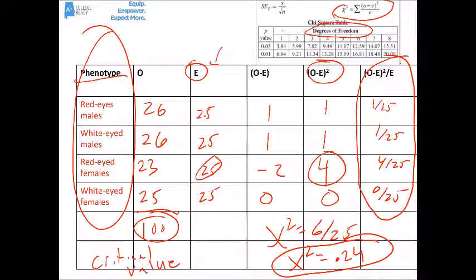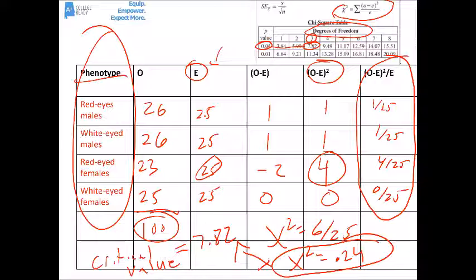So since we have 4 phenotypes, our degrees of freedom are 3. And it turns out, unless you're told differently, you're always going to use the p-value of 0.05. So you're going to look where these column and row intersect, and we end up with a critical value of 7.82.